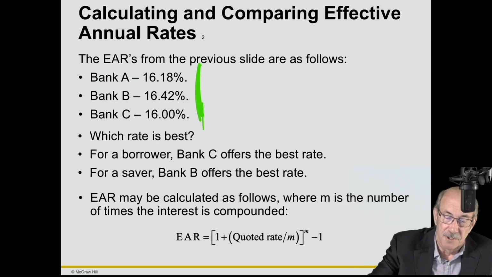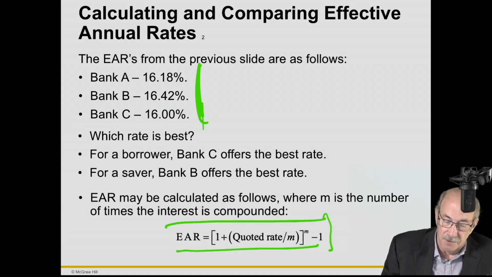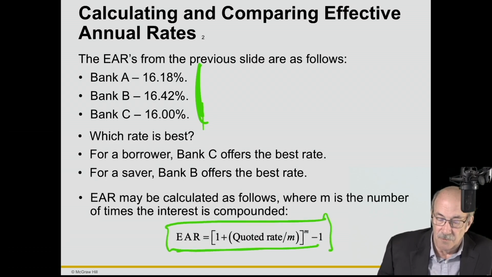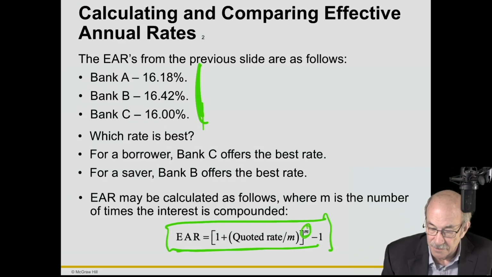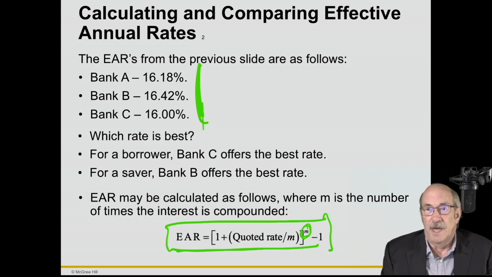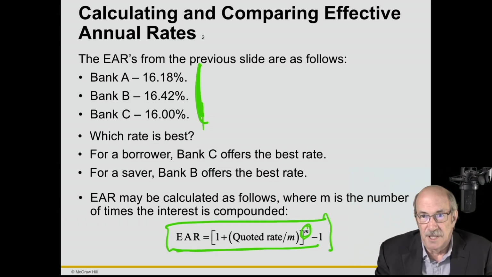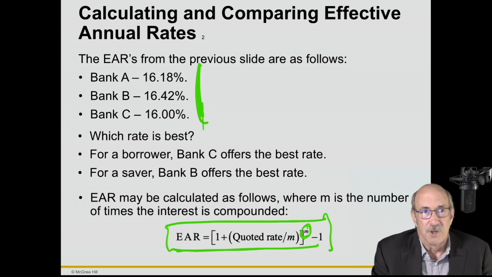Of course, here's the answer from that. And then here is the actual formula that you would be using when you calculate that. Notice this is the error that was in those slides. It was missing that exponent. By the way, I should mention that unlike most slide decks from McGraw-Hill, this one is just riddled with errors.